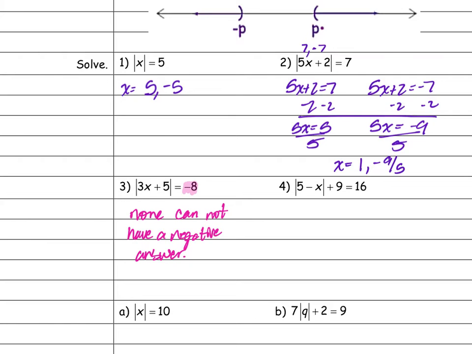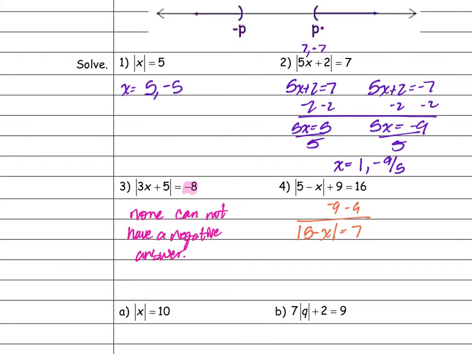Okay, and then the last one, I have to get the absolute value by itself first. So the first thing I'm going to do is subtract 9. And I get the absolute value of 5 minus x equals 7. Is that right? Yeah.